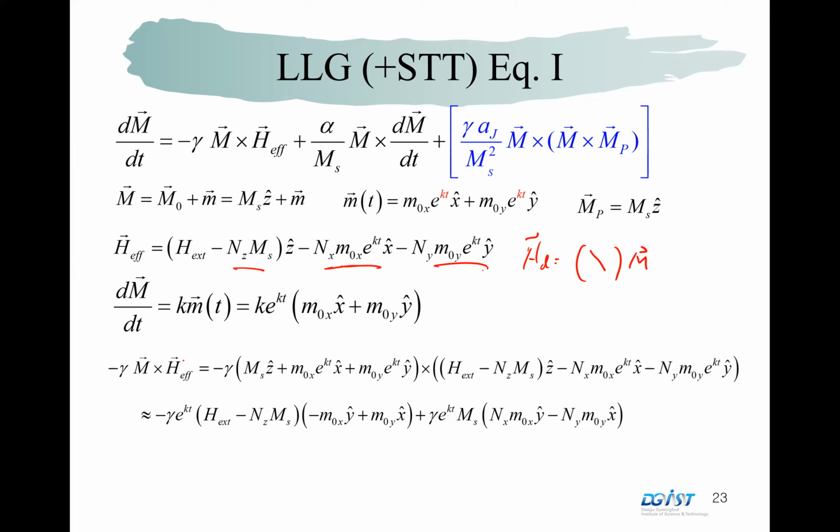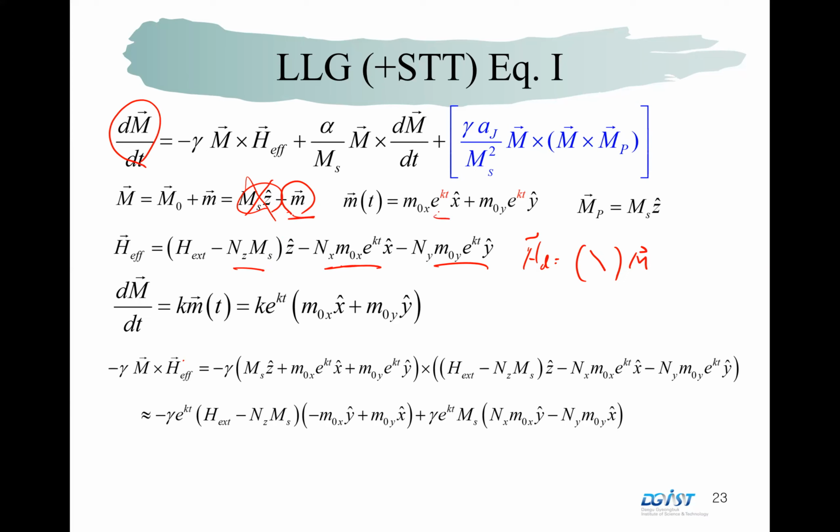So let's think about the time derivative of the magnetic moment. Because this term is constant with respect to time, when you take the derivative, this term is dropped. So we only have a small m dependence. And this has an exponential e^(kt).